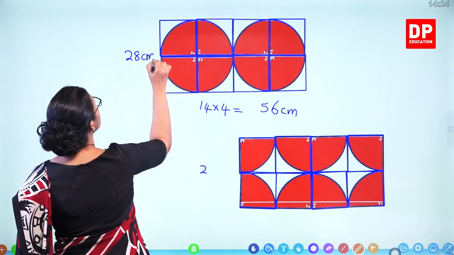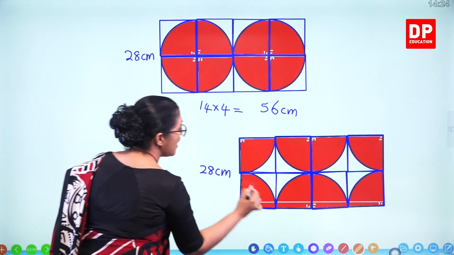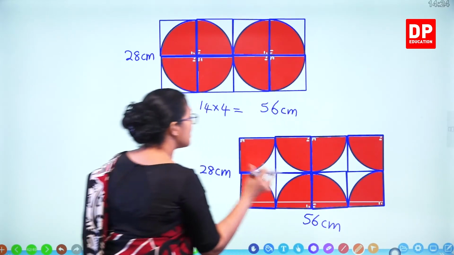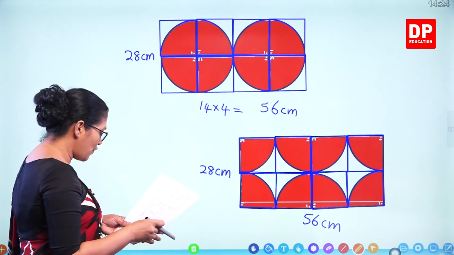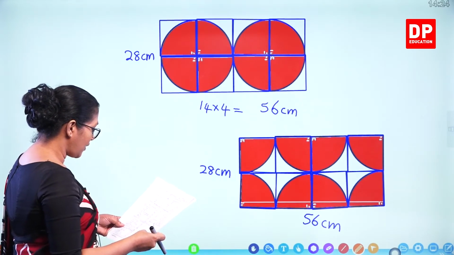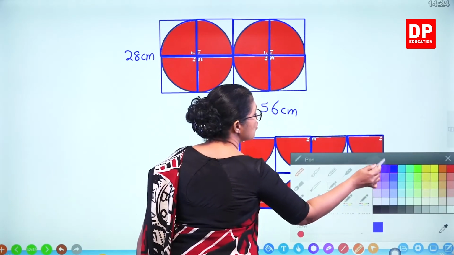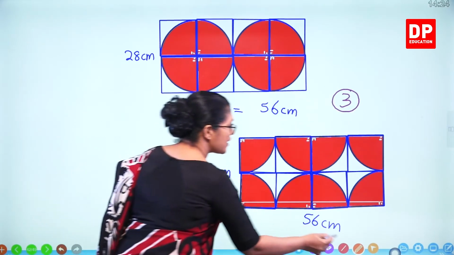Here this is 28 centimeters, and here 56 centimeters. So this can be the sketch. Now how many marks for this? So you get 3 marks for drawing one sketch. You don't need to draw both, but you get 3 marks for that.